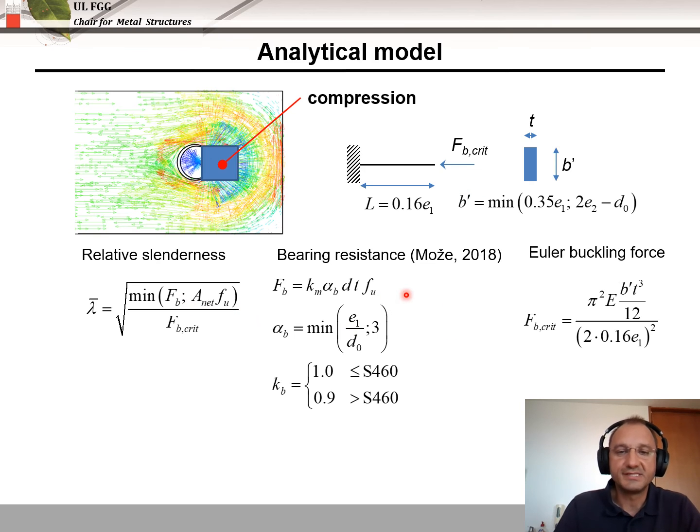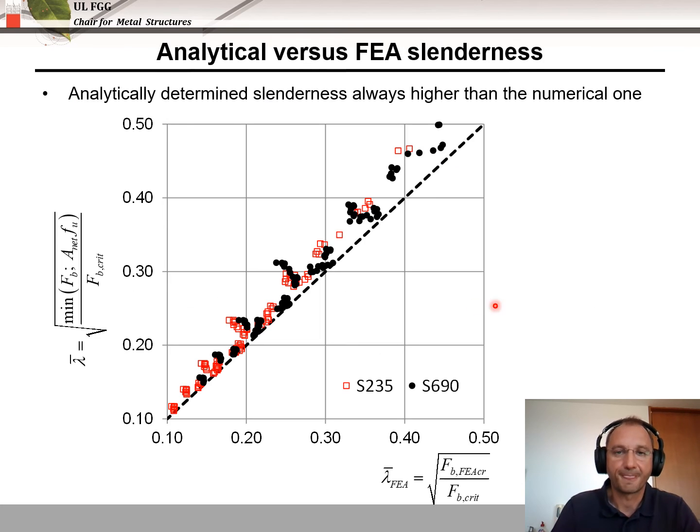For the bearing resistance, we used a model that is included in the new version of Eurocode, which is simpler than the previous one and is written on this slide. We use this model because the results were much better fitted to the numerical results with this model than with any other model that we tried.